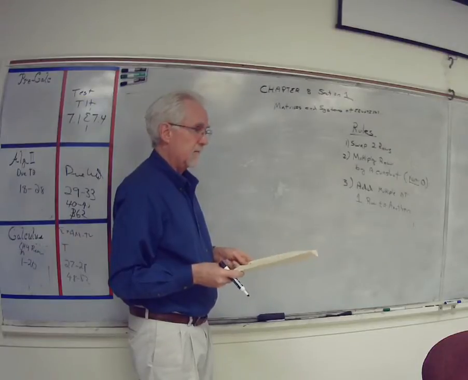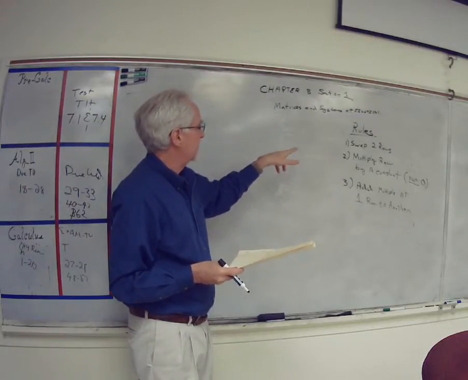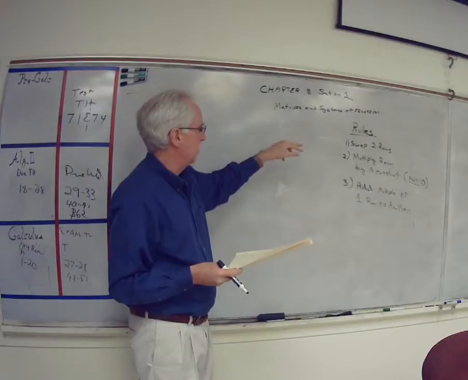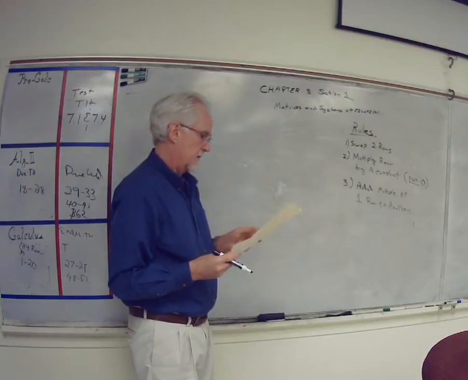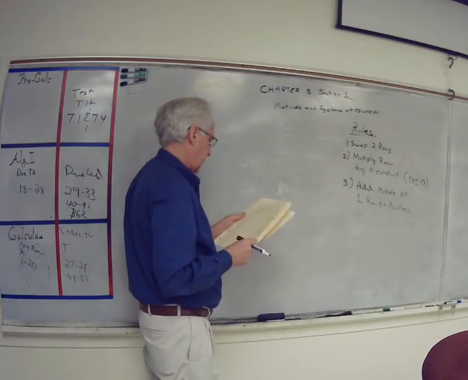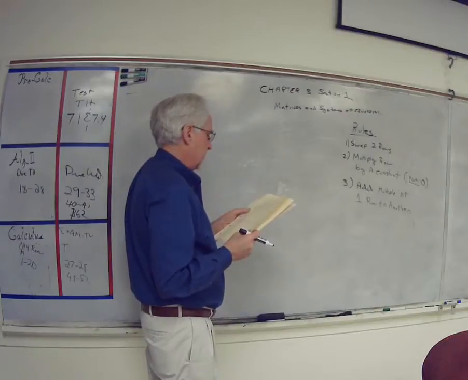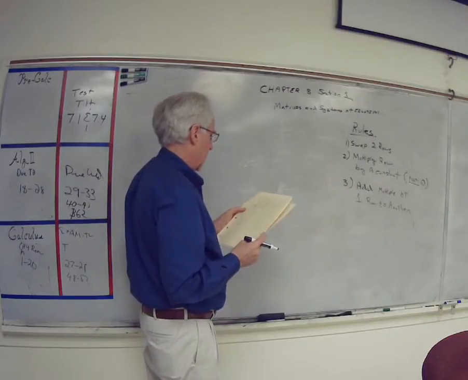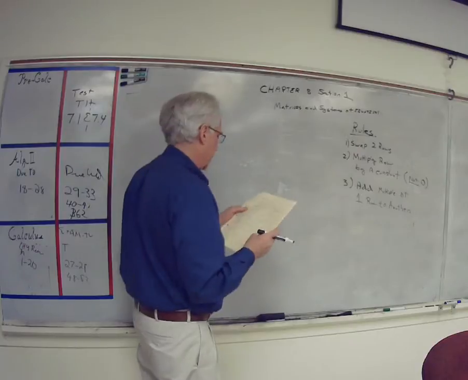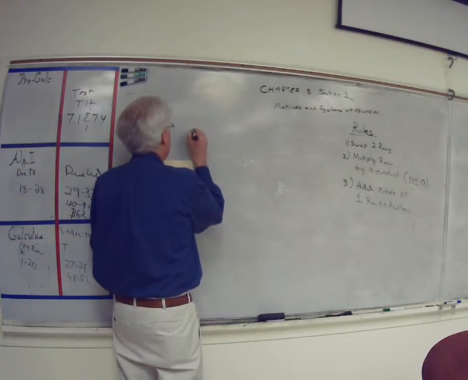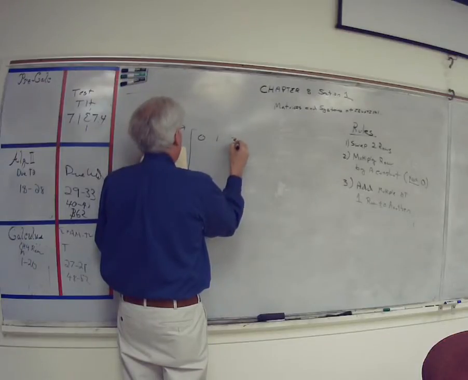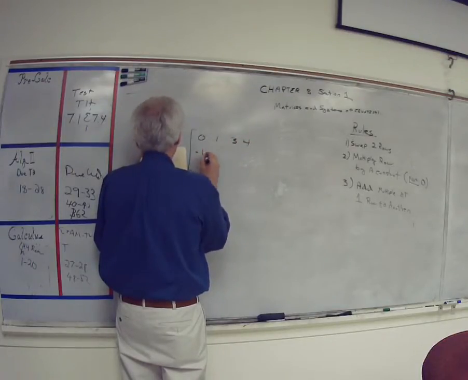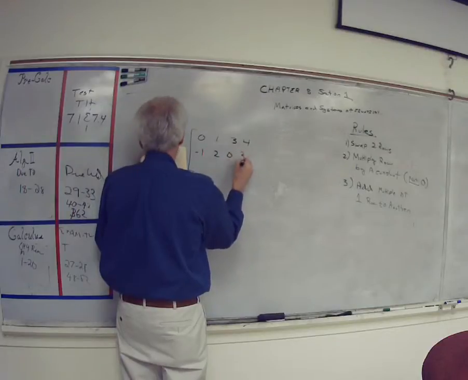Does that make sense? You'll see why you'll do this in a minute. So I can trade out 2 rows, multiply a row by a constant, or add a multiple of one row to another. When you do those, they are called equivalent matrices.